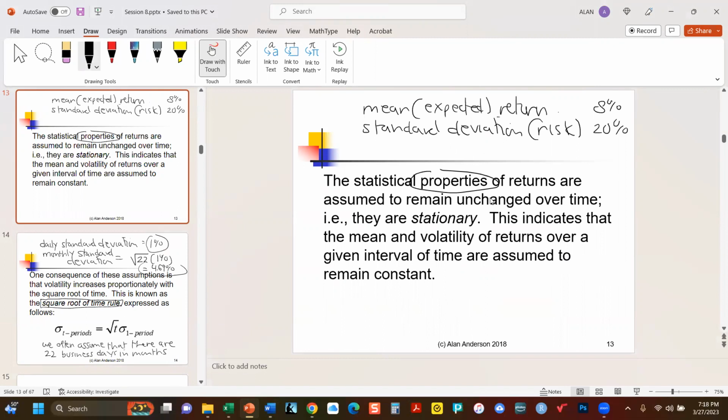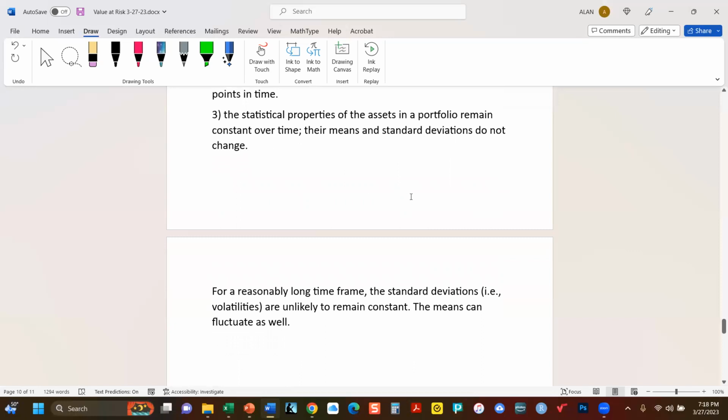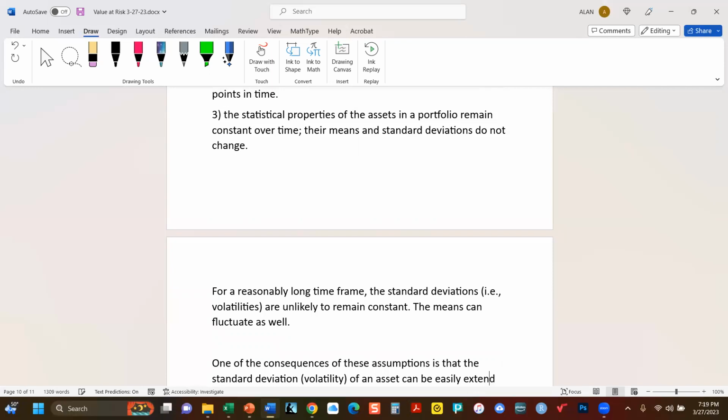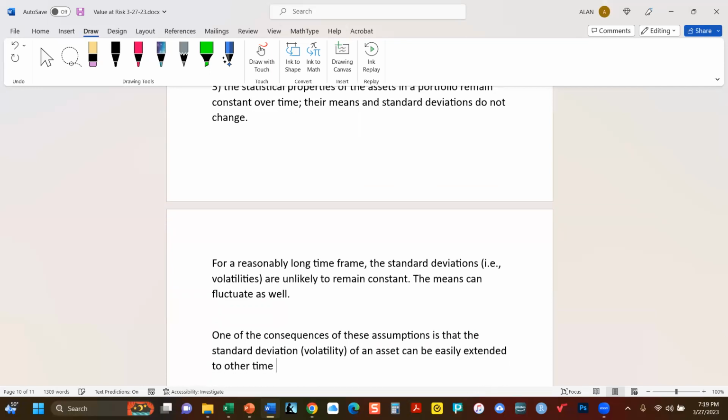Now, here's one of the nice consequences of these assumptions: the standard deviation or volatility of an asset can be easily extended to other timeframes.